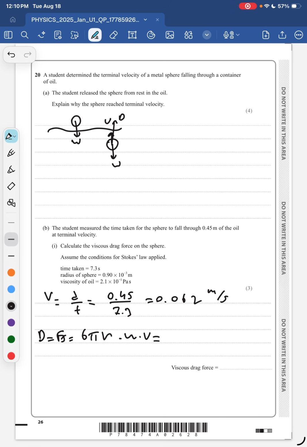So we get 6 pi times 0.9 times 10 to the negative 3 times 2.1 times 10 to the negative 1, which is the viscosity, times 0.062, and this yields 2.2 times 10 to the negative 4 newtons. Okay, and let's move to the next question.